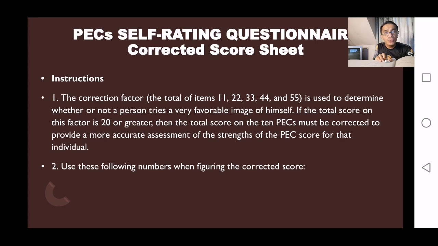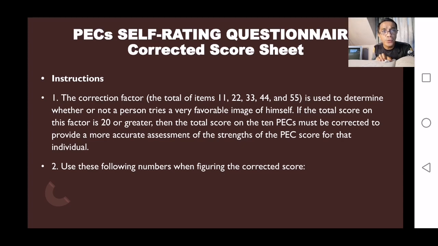So, what will we now do with those scores? The PEC Self-Rating Questionnaire Corrected Score Sheet. Ano yung instruction? The correction factor, remember yung sa last, yung 11, 22, 33, 44, 55. So this is used to determine whether or not a person tries a very favorable image of himself. So paano i-interpret yan?